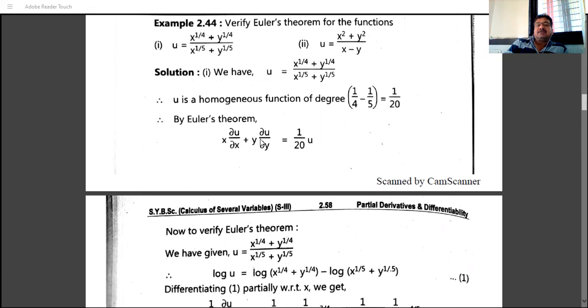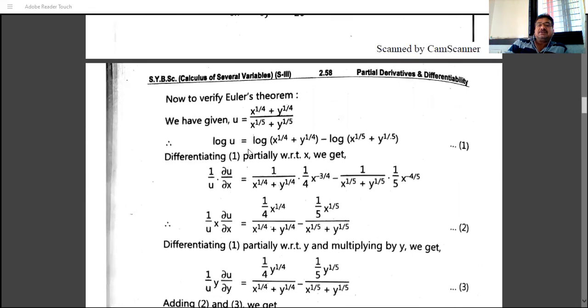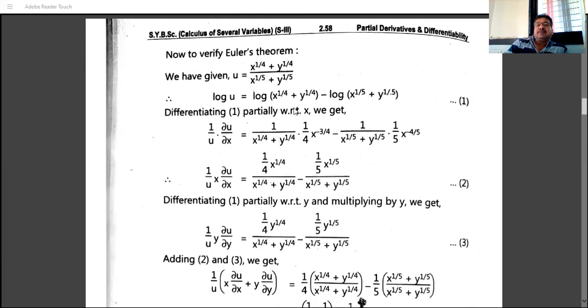finding the partial derivative of this u with respect to x and y. So u is this function. In order to find the partial derivative of this function, this simplification is necessary. Take log of both sides, then log a by b is log a minus log b, and then differentiate with respect to x.